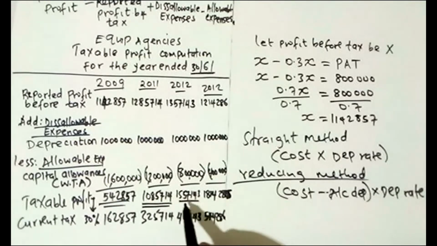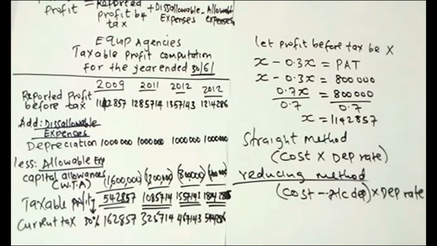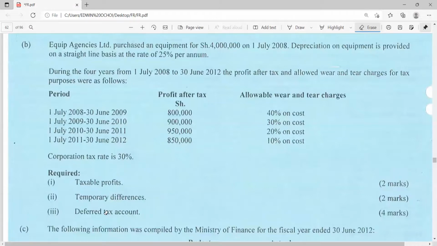It's only that I went ahead to do the current tax, because once you have your taxable profit, you multiply with the tax rate and you have your current tax. So the next requirement was the temporary difference, then from there we do the deferred tax account.